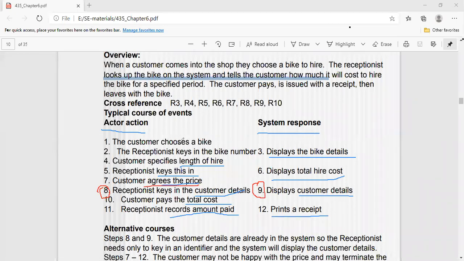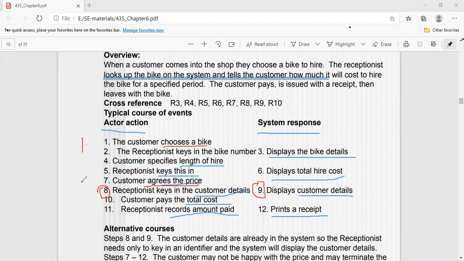Again he needs to go to the first step, choosing another bike. If the customer does not agree with the price of a bike, then he may choose another bike; that is the first choice.